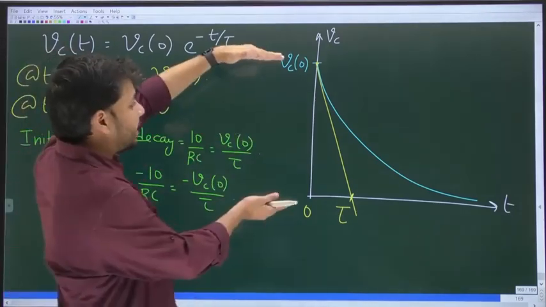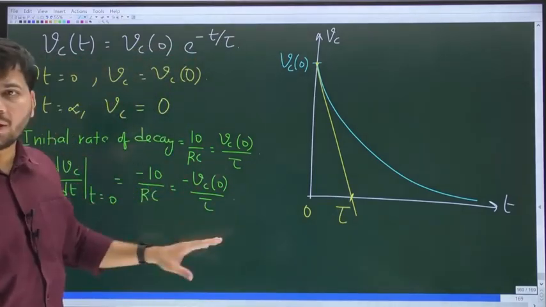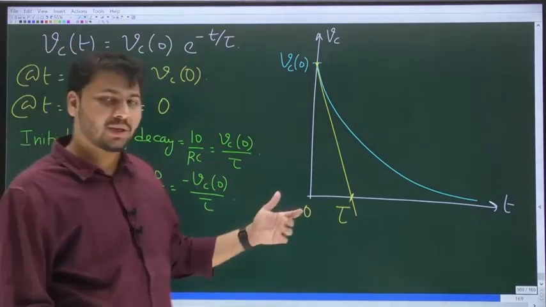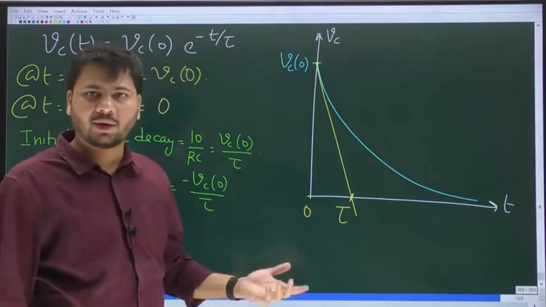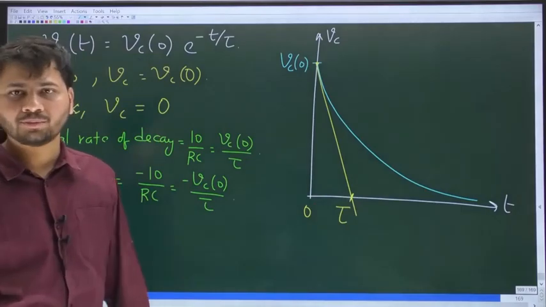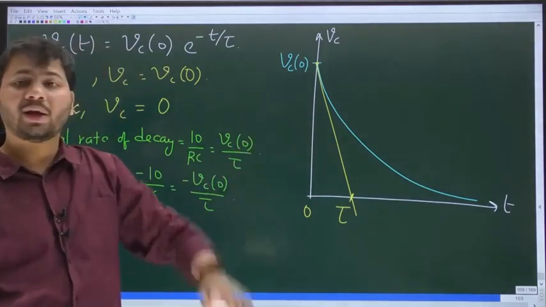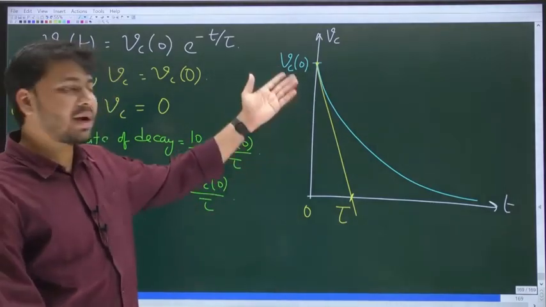This height is Vc of 0, so this intercept must be tau. Only then will the slope be Vc of 0 by tau. So this intercept always must be equal to tau. Understood?